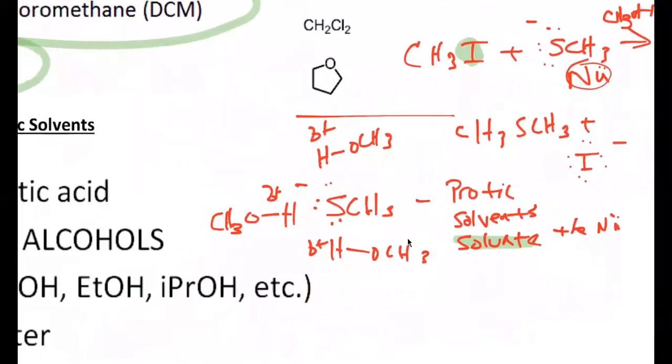When that nucleophile gets solvated, the rate is going to decrease.